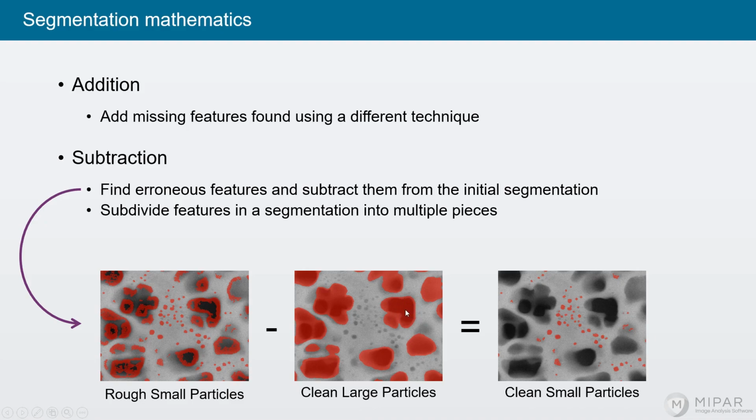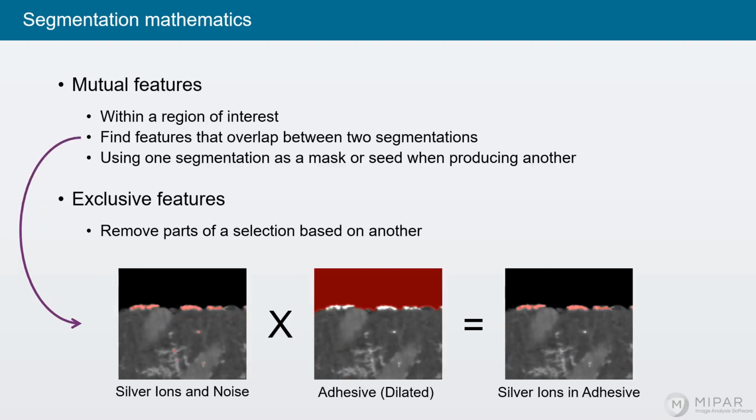We can take these large particles and, using mathematics, subtract them away from this rough selection of the small particles. And then all that's left is the small ones. So manipulations like this really help you isolate in on certain features that you want to find and remove things that aren't relevant to your image.